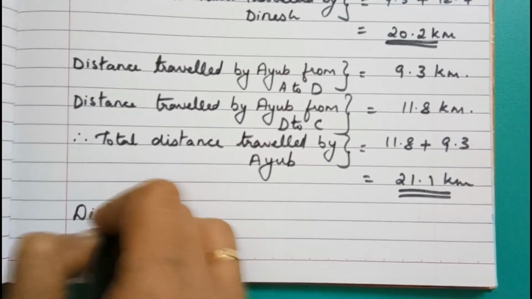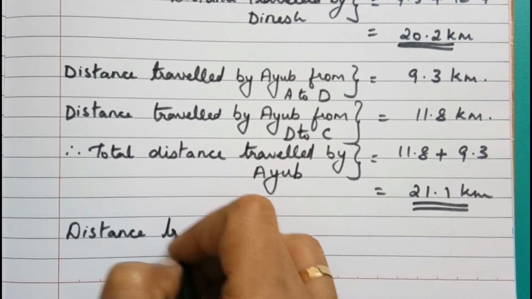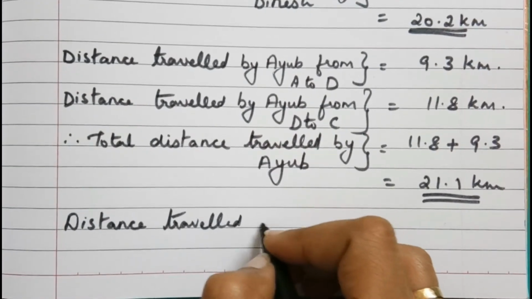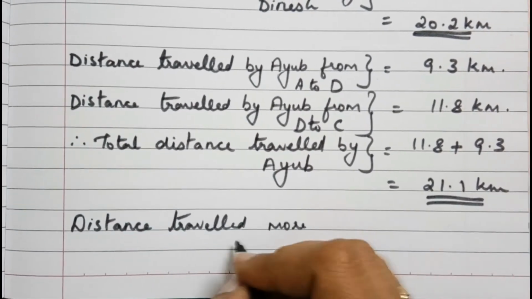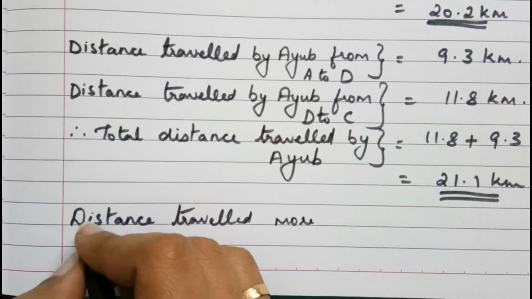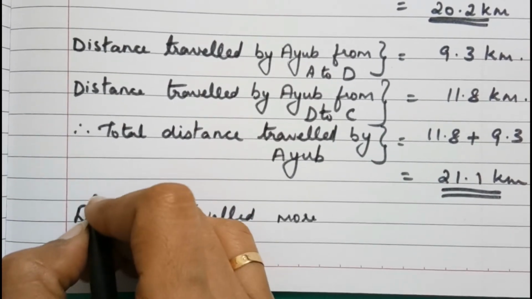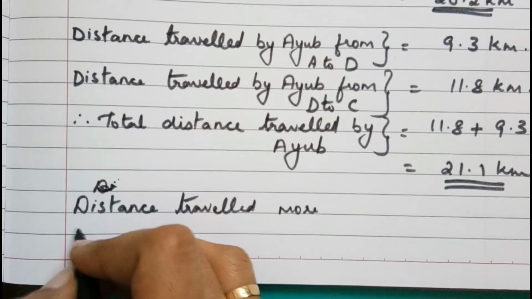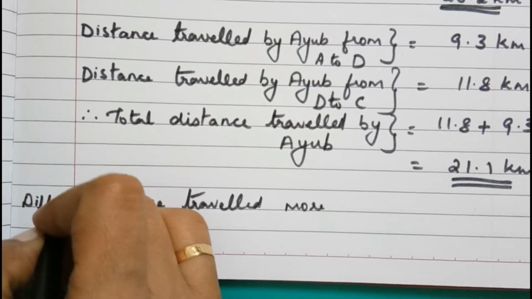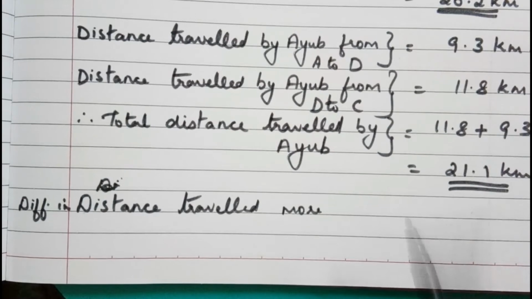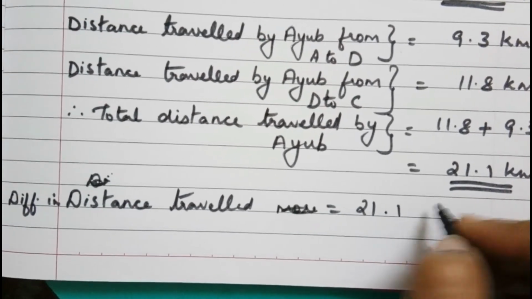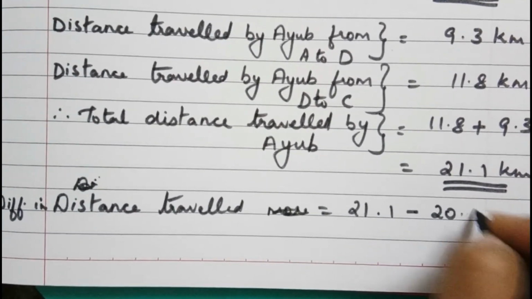Distance traveled more, or you can write difference in the distance traveled, which is equal to, how will it be found? 21.1 minus 20.2.